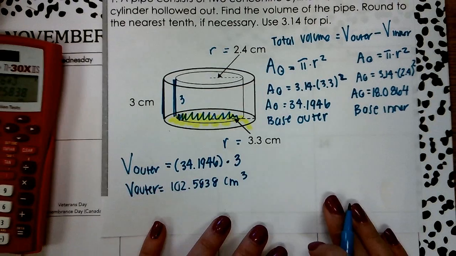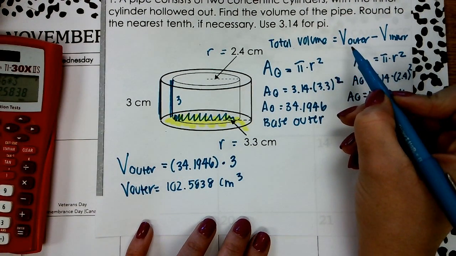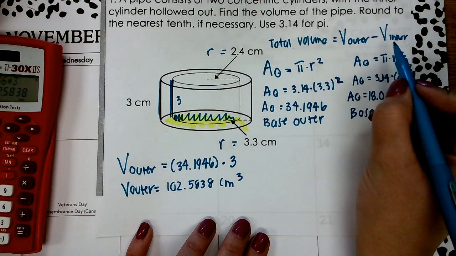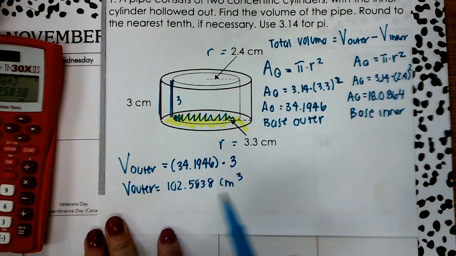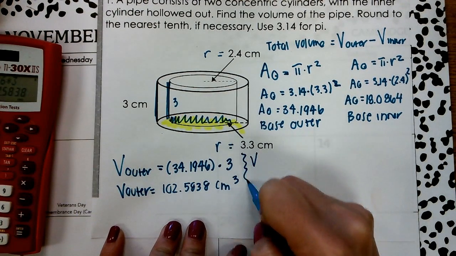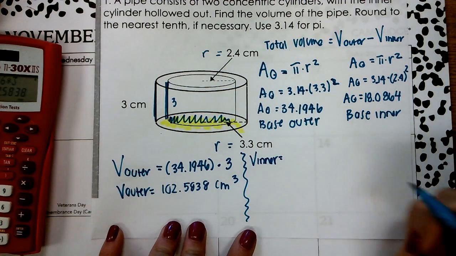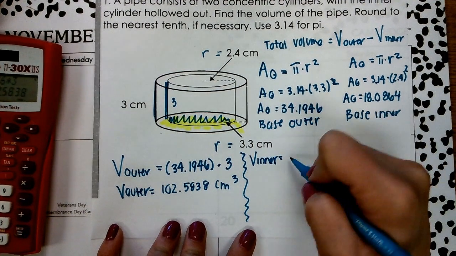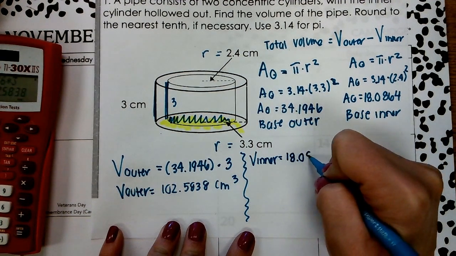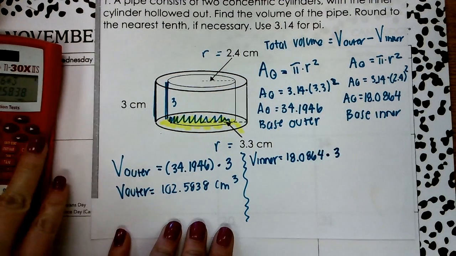Now we're not done, because we know our total volume is equal to the volume of the outer cylinder minus the volume of the inner cylinder. So we found the outer volume. Now we have to find the inner volume. So I'm going to just draw a little line here. The volume of the inner cylinder is equal to the area of the base, which is 18.0864, times the height, which is 3.